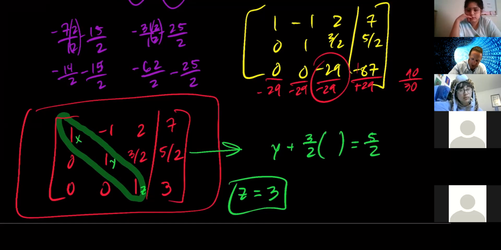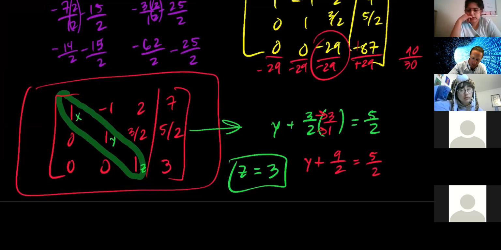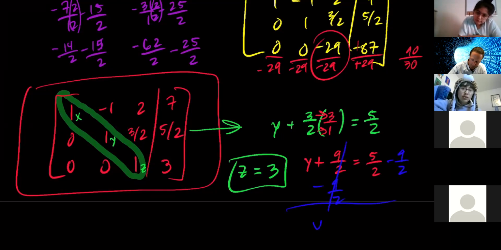And all that's going to change when I plug in that 3 is that I have y plus 9 halves. And what's going to happen when I subtract that over? I have -2. Negative 4 halves, which, very good, is -2. We just found our y.